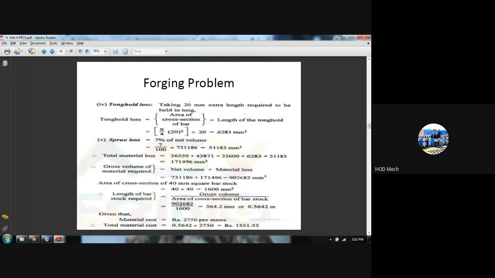Then you have to calculate length. Last class I told you, if you want to arrive at length, you have volume, and it is important that you should know the area of minimum cross section. So when you divide volume by area, obviously you will arrive at length.